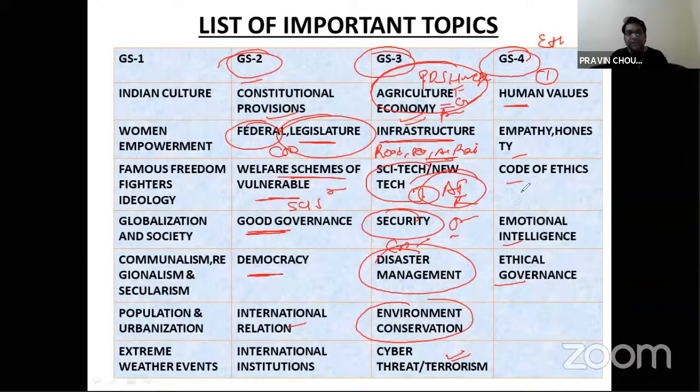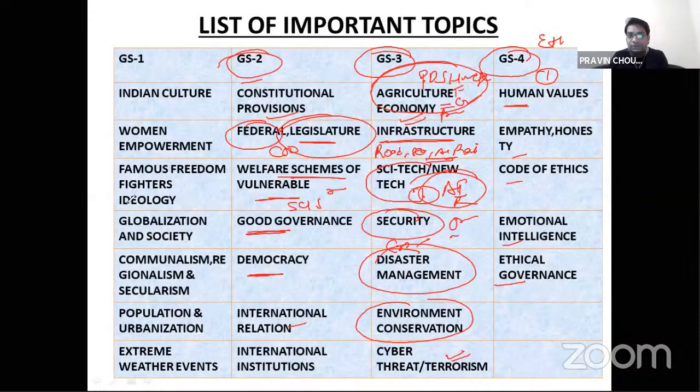So you see the diversity of topics is visible here. When you see the last 4 years' essay question papers, you will find that whatever keywords I have selected here, every topic you can link with a particular topic from GS paper 1, 2, 3, 4. So this is how you first go through the entire GS paper.